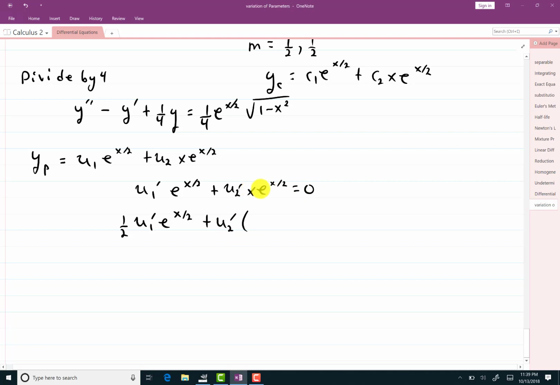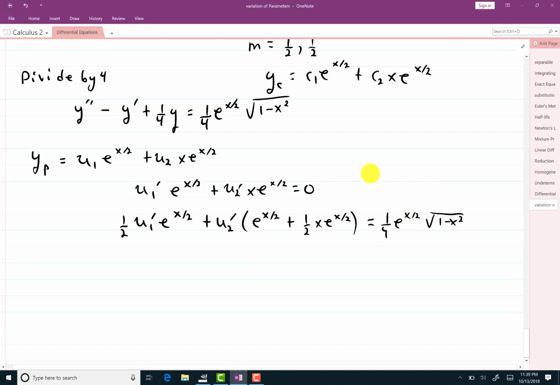For this stuff in here, I'm going to have to use a product rule. So the derivative of x is 1, so I get e to the x over 2 plus 1/2 x e to the x over 2. Now over here, this was supposed to equal the result 1/4 e to the x over 2 times the square root of 1 minus x squared.